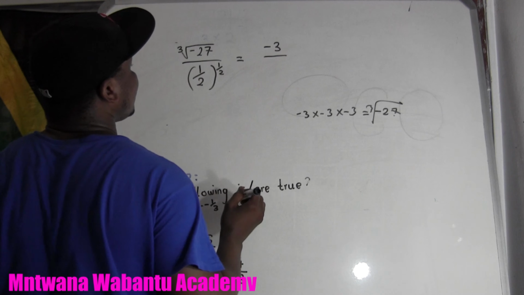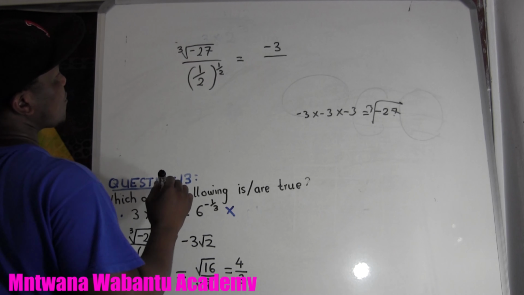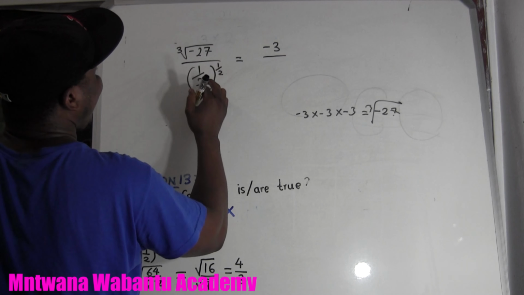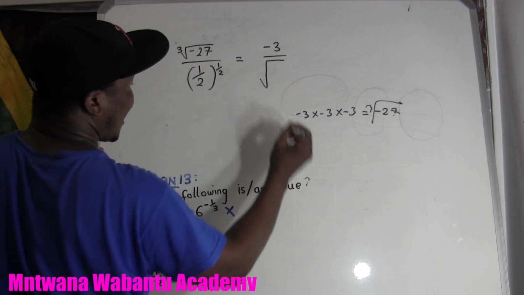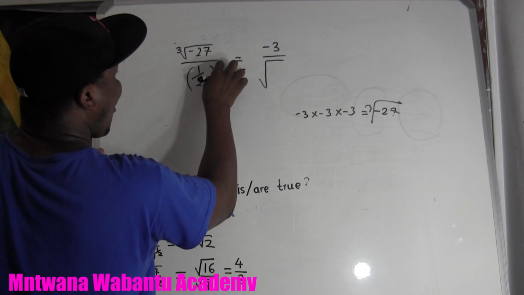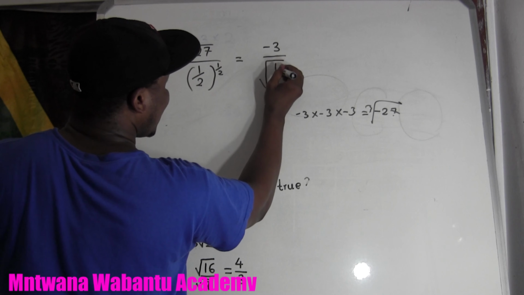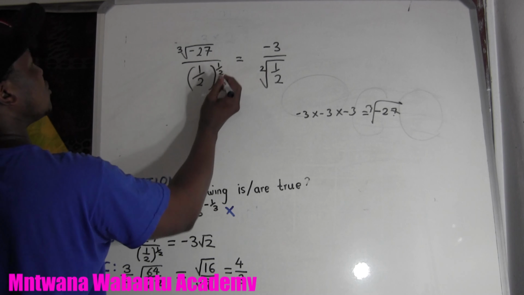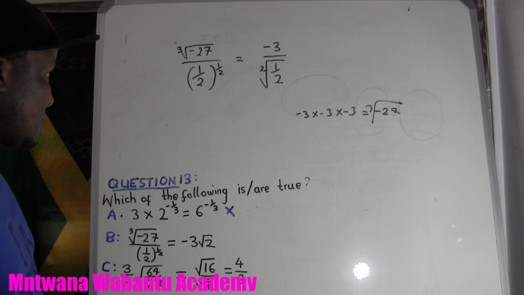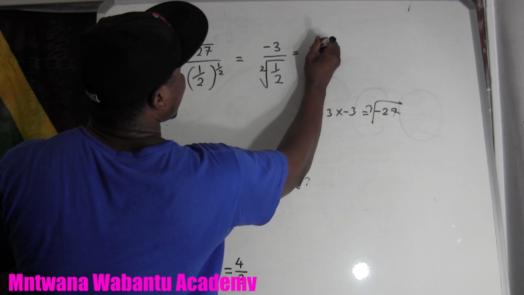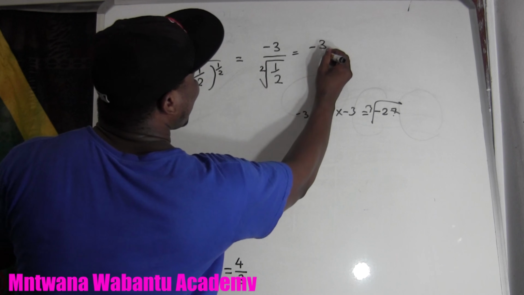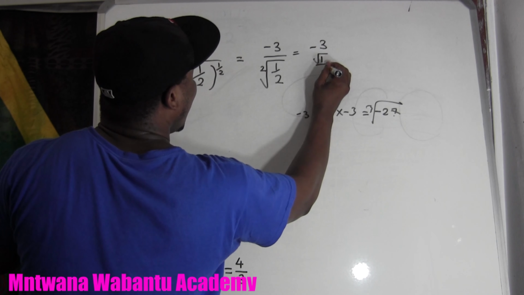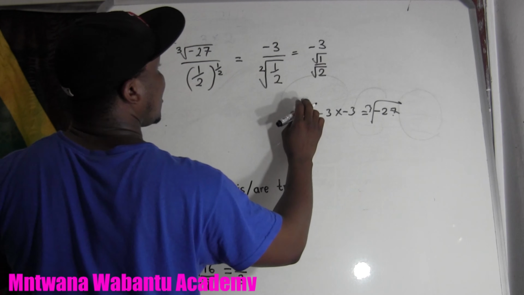To the bottom, now we have 1 to the power half, or you can just say square root, just like I said, when you have anything to the power 1 over whichever number, you put that inside the root. So now this is a square root because of these 2. You see what I'm saying? So now the top is negative 3, but you can separate this into the square root of 1 and the square root of 2 separately, okay?